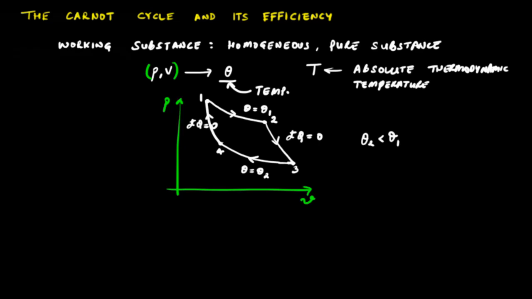So in this Carnot cycle, heat is added to the system from a high temperature reservoir at theta 1.